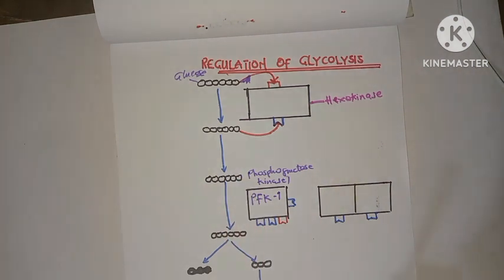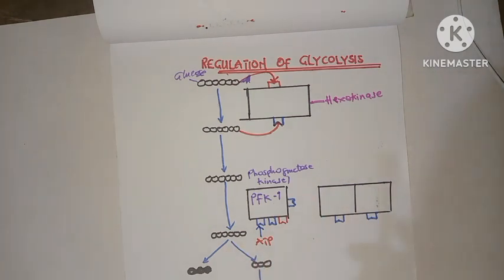The first thing that inhibits this enzyme is too much ATP. ATP comes in and allosterically inhibits phosphofructose kinase 1. So one inhibitor of phosphofructose kinase 1 is ATP.